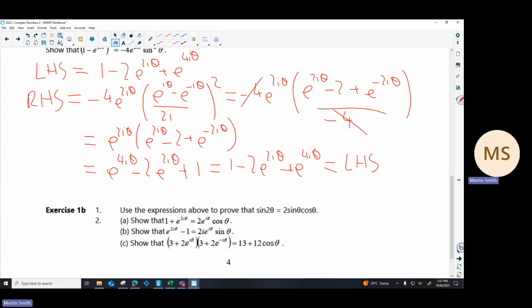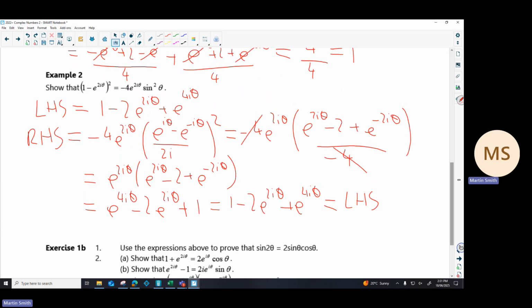So consequently, that proves the thing I was trying to prove. So therefore, 1 minus e to the 2i theta squared is minus 4e to the 2i theta times sine squared theta. That's what's required. Okay, folks, you may now have a go at exercise 1B.